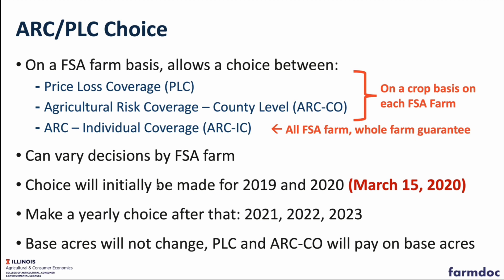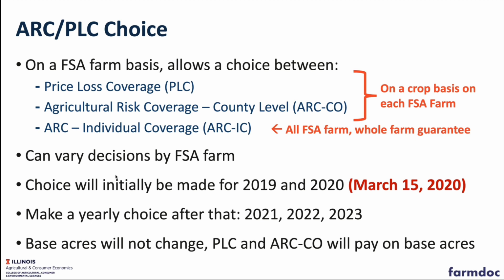All right. Again, the decision that you're going to make on a per farm basis is price loss coverage or ARC County. Again, this is the March 15th decision, so you can switch between PLC and ARC County across crops, across farms, and if you choose ARC IC, you will be enrolling each one of those farms in ARC IC.